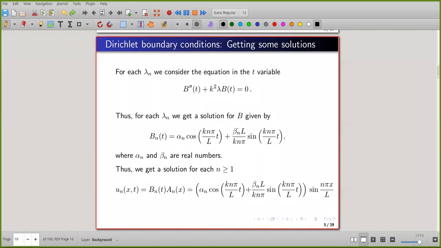Thus we get a solution for each n greater than or equal to 1.